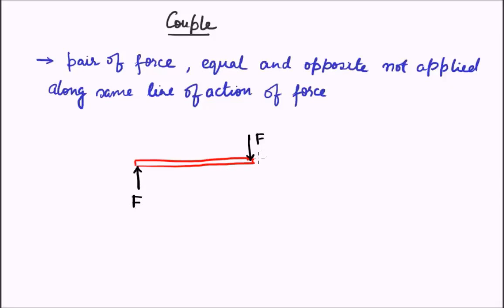They are equal in magnitude, they are opposite in direction, and their line of action is different. The line of action for this force is this, and the one for this force is this. So there is a separation between the lines of action of force, which we can call D. Therefore, this pair of forces meets all the criteria that is needed for a couple.